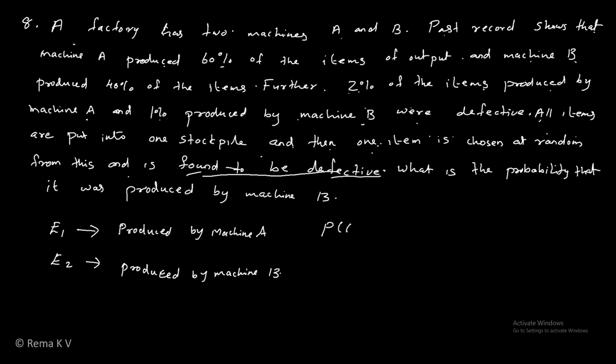So what is the probability of E1? E1 is 60 by 100.